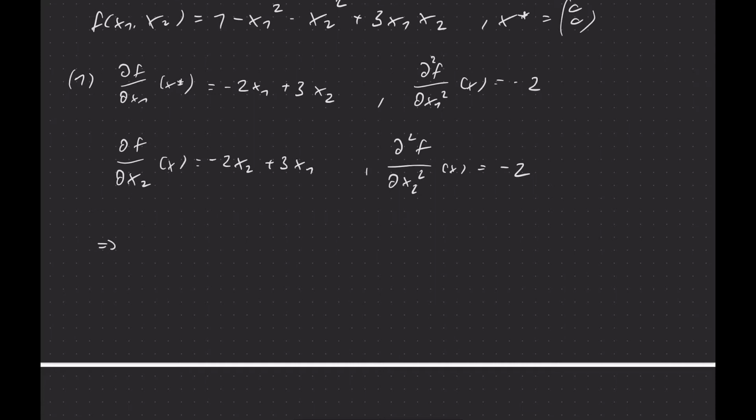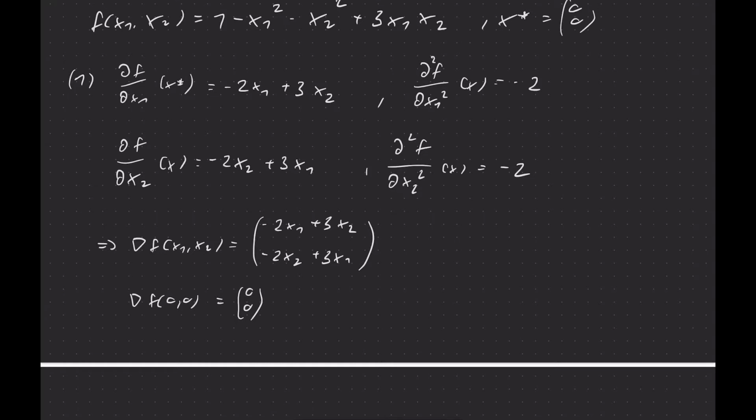So in particular, the gradient of f is of the form minus 2x1 plus 3x2, minus 2x2 plus 3x1. And you will notice that the gradient at the origin, at 0, 0, is also 0, 0.